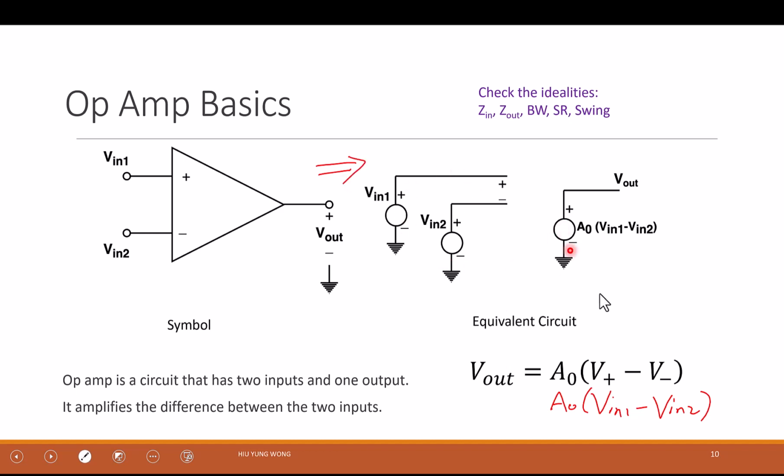And then I can draw an equivalent circuit as this one. Why can I do that? You see what the circuit does? I take an input to the plus terminal, V in 2 to the minus terminal, and I don't care how it works. It's a black box for me. I will then produce a voltage at the other side, which is equal to A0 times V in 1 minus V in 2 as the output.